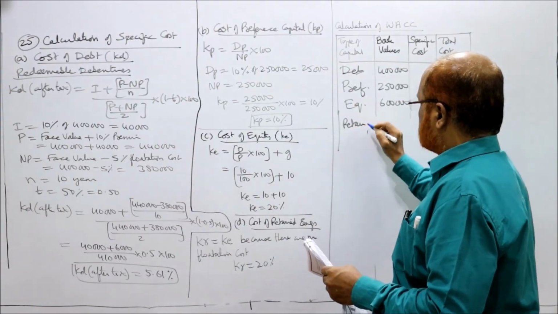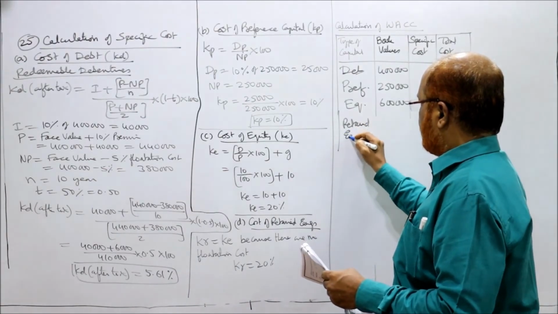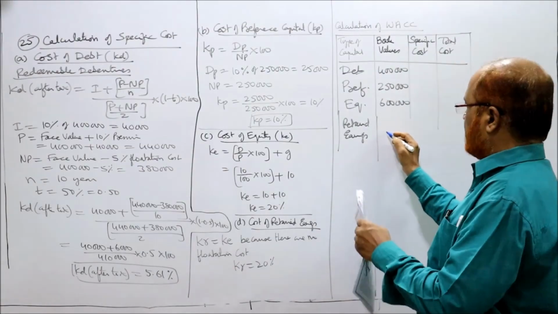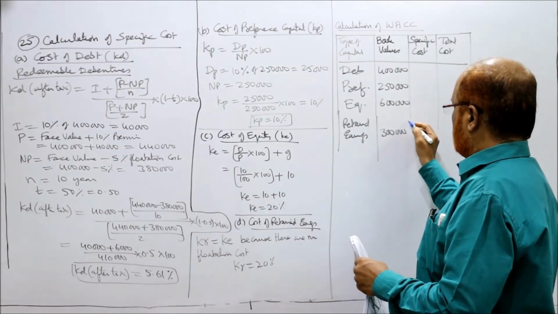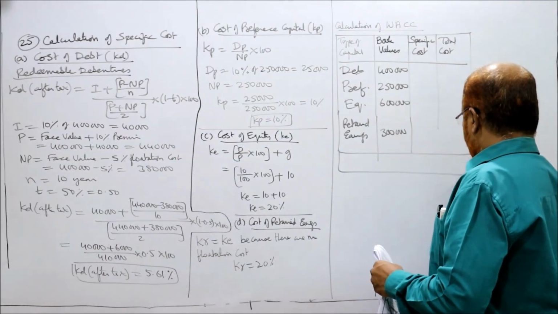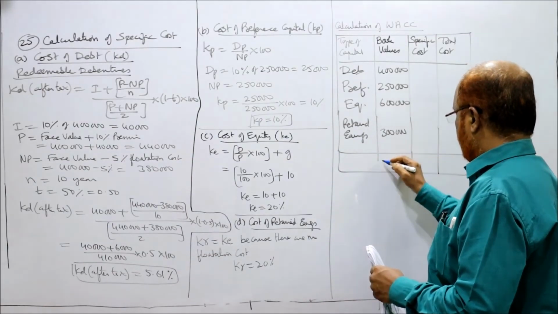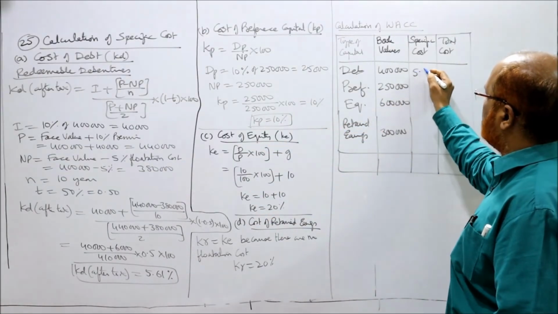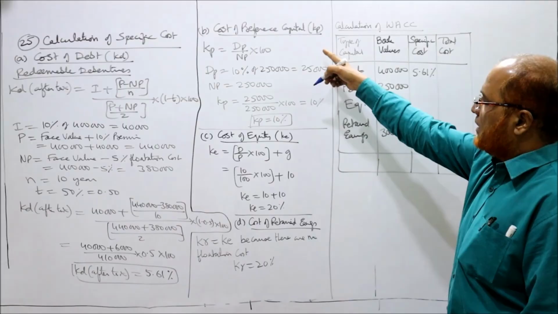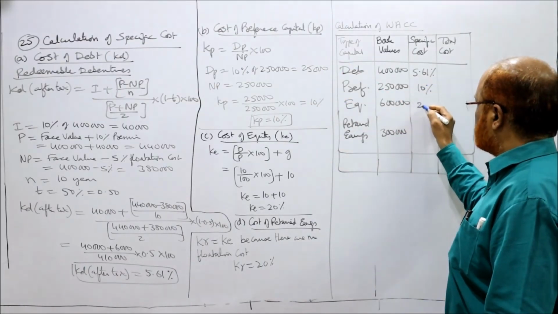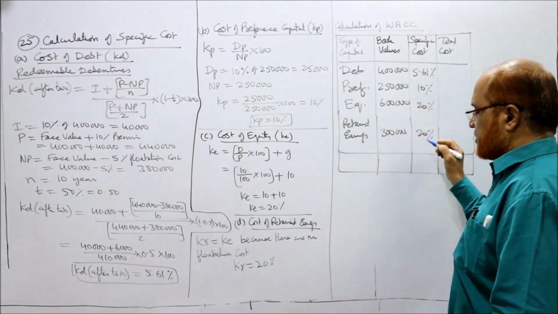Retained earnings: 3 lakh. Specific cost: KD is 5.61%, KP is 10%, KE 20%, KR 20%. That's it.